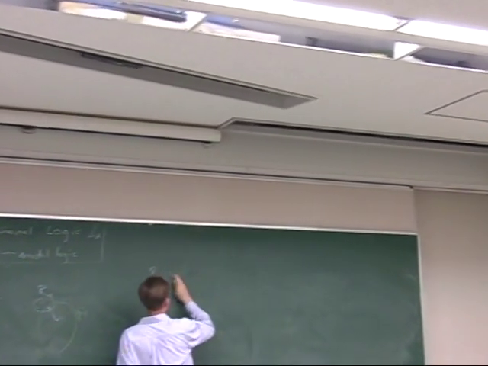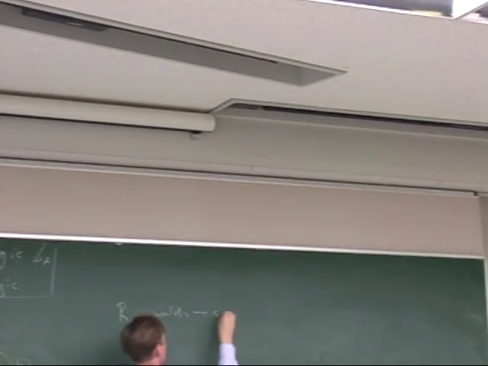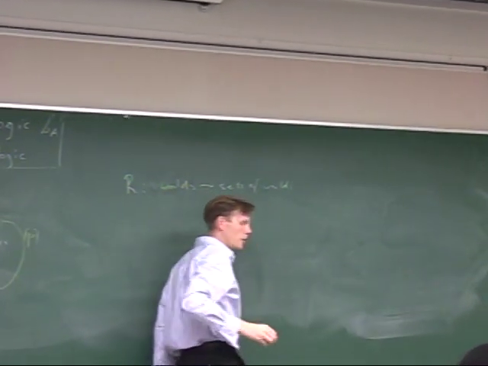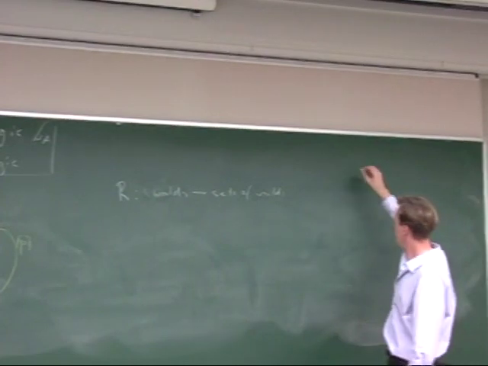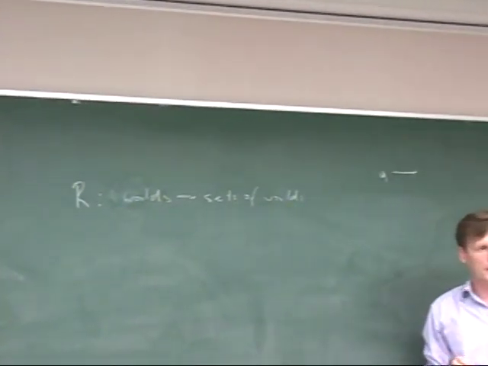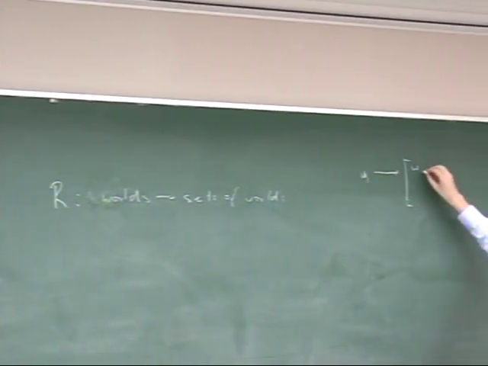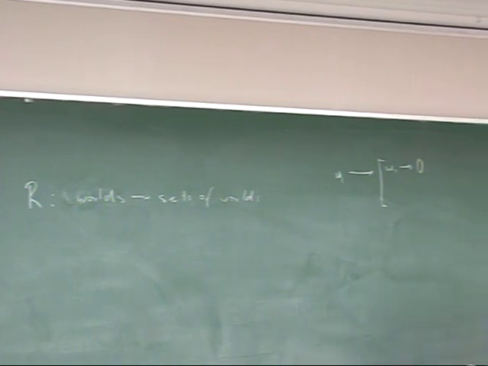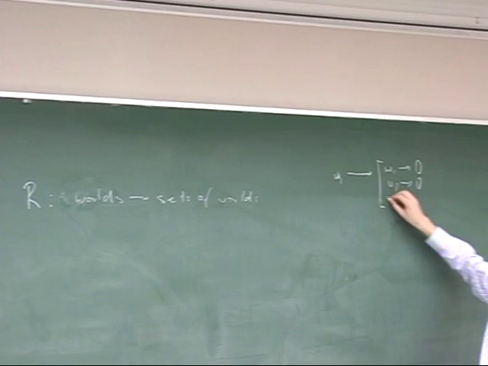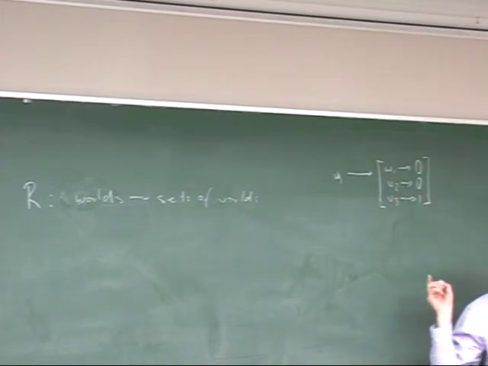Well, let me actually write it like this. Worlds to sets of worlds. That is, for instance, from W1, this is one possible such modal base. From W1, it takes you to a function that says W1 is not in the modal base, W2 is not in the modal base, W3 is in the modal base for this one, right?